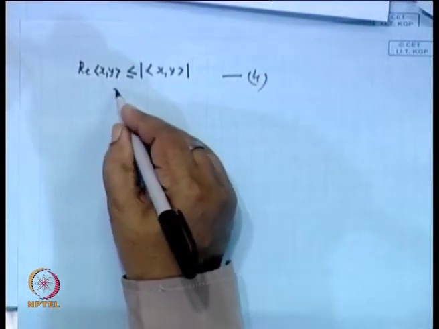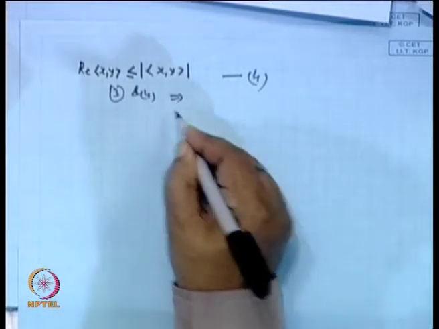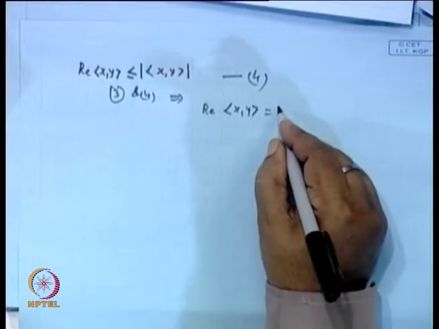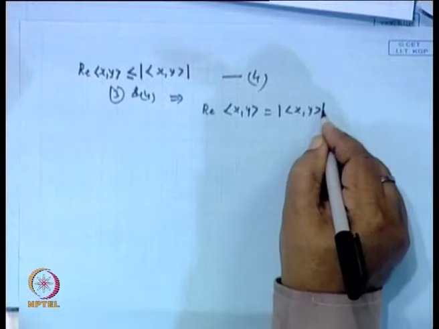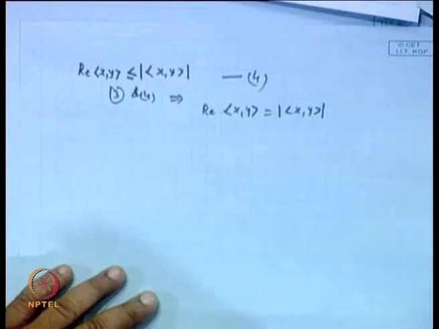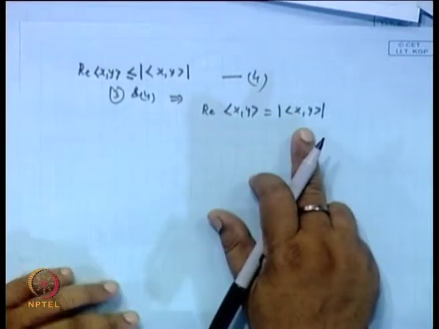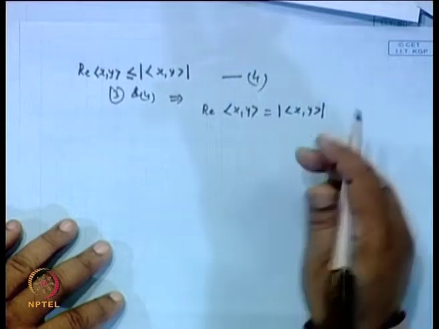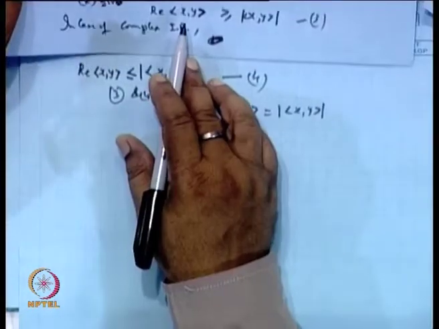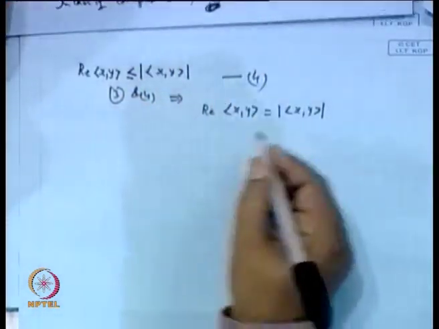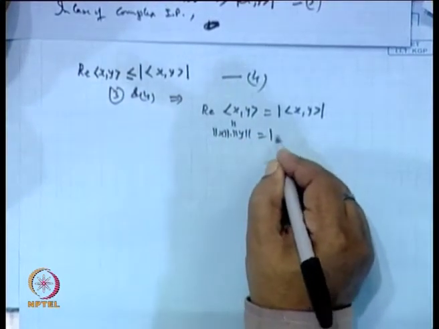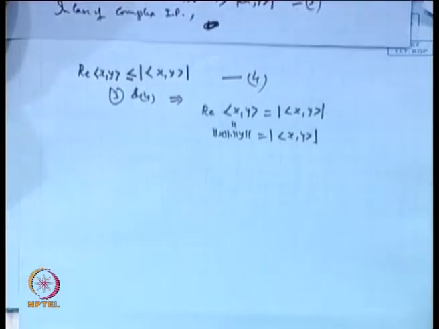So, only third and fourth show that the real part of x y must be equal to the modulus of the inner product of x y. Is it correct or not? Only the equality sign holds. And when this equality sign holds, what is this? This is nothing but the norm of x into norm of y, is it not? Because the real part of this is nothing but norm x norm y. So, which is the same as norm x into norm y equal to the modulus of inner product x y.